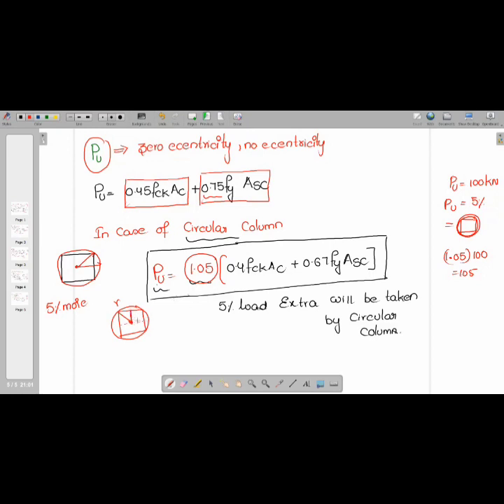See here, the simple reason why it is 5% is that they have experimented. They will take a circle with different diameters, say a column of 300 mm, and a square column of size 300 mm, and they do the crushing strength and compare the results.